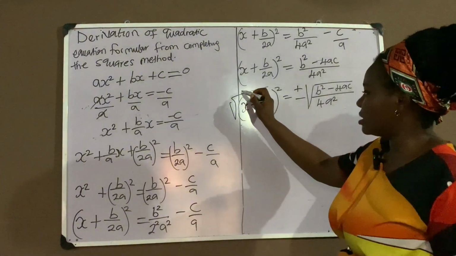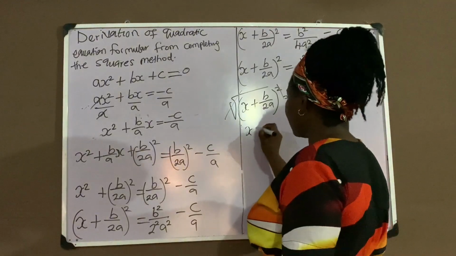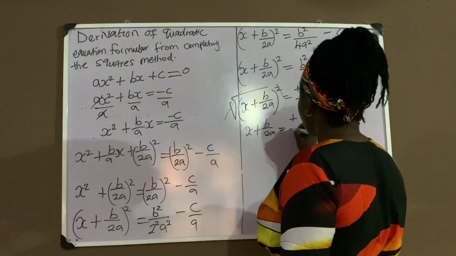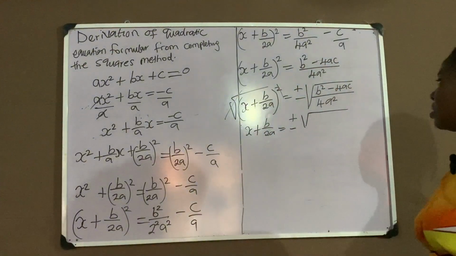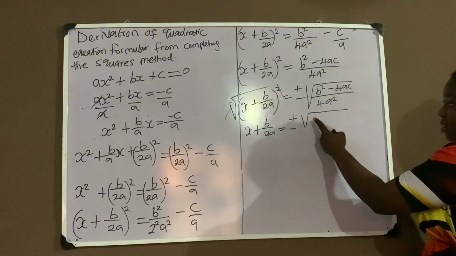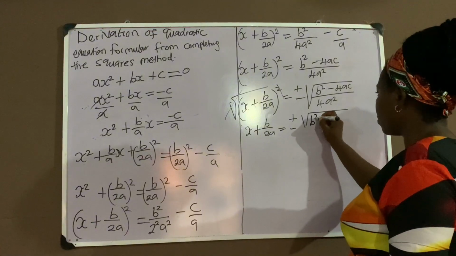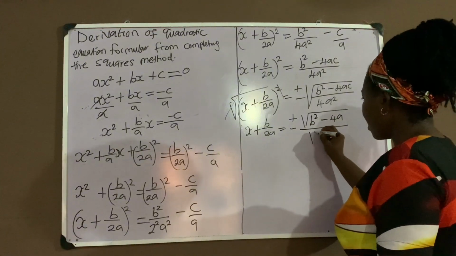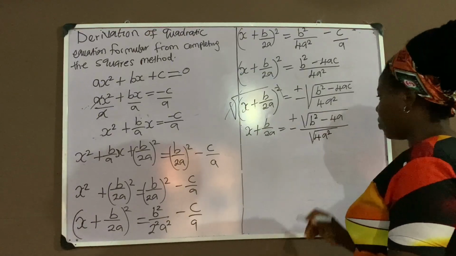Now, believe me that this square root here will cancel out this one, and we are left with x plus b over 2a is equals to plus or minus square root of. Now, this square root here you are seeing is for both the numerator and the denominator. So we are going to share it to them. So we're having b squared minus 4ac all over the square root of what? 4a squared.